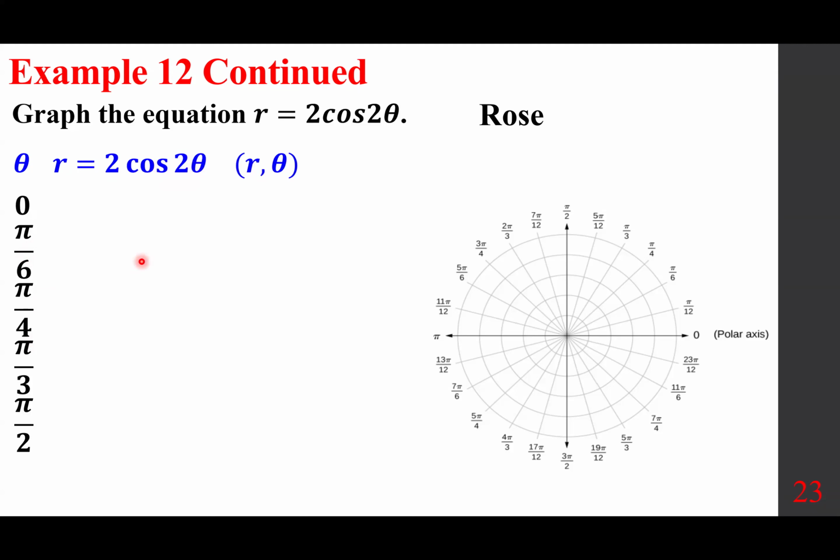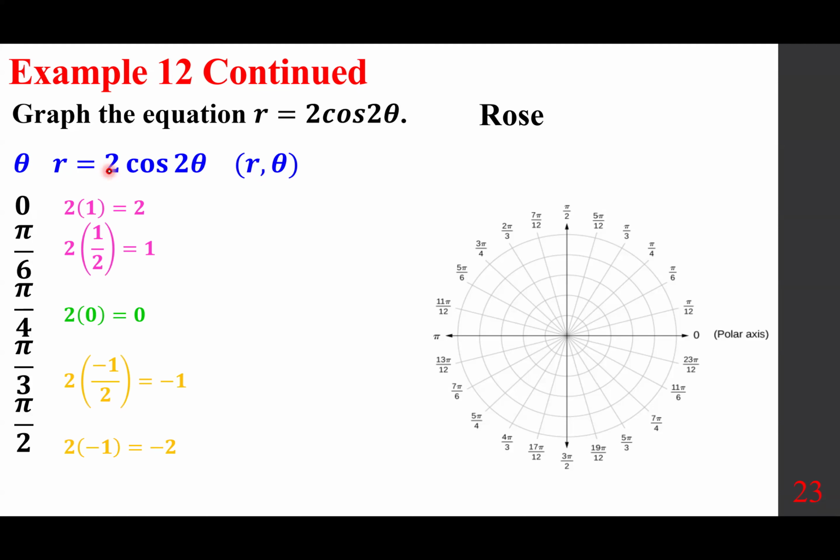Pi over 3 times 2 is 2 pi over 3. It's the same as pi over 3, but it's negative in the second quadrant. So 2 times negative 1/2. Pi over 2 times 2 becomes pi. Cosine of pi is negative 1, times 2, negative 2.